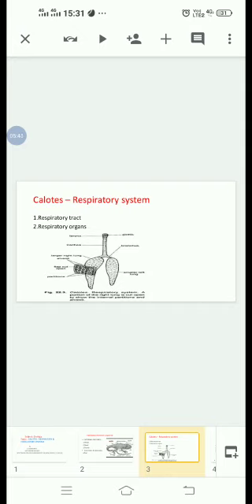We discuss the Calotes respiratory system. Calotes is a true land animal. It is a true lung breather.